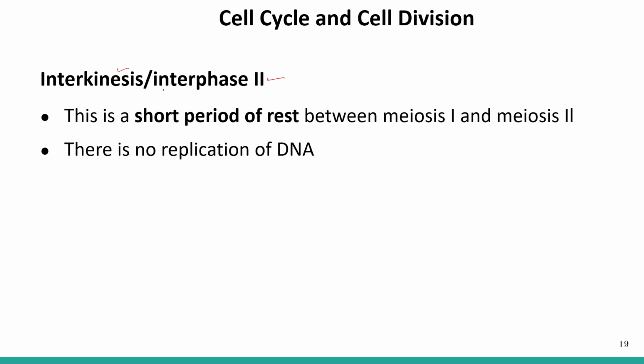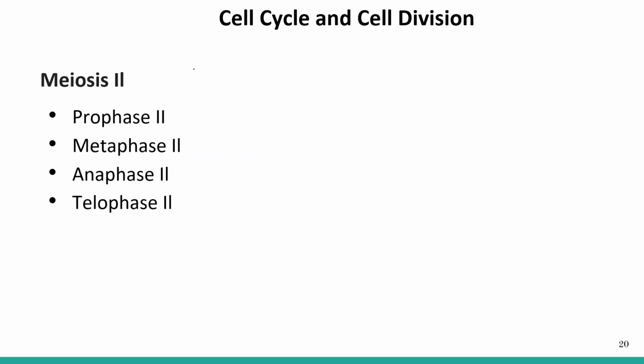But interphase 2 is a very short period of rest in which there is no synthesis of DNA, meaning there is no S phase. Now, this was the end of meiosis 1.